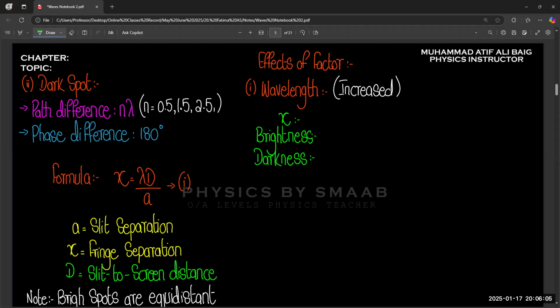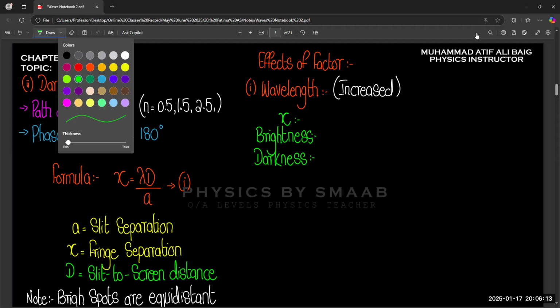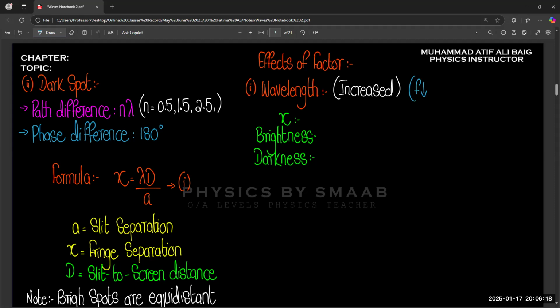So let's suppose we increase the wavelength, so definitely frequency decreases. So basically there are two different varieties we can write in two different forms. First of all, according to the formula, you can see x and wavelength are directly proportional. So if you increase the value of lambda, definitely the value of x also increases.